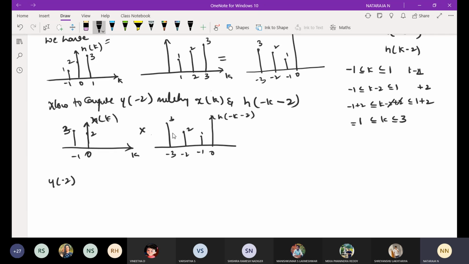Y of -2 is equal to, at -3 on the left side we have 0 into 3, plus at -2, 2 into 0, at -1, 1 into 3, 3 into 1, plus at 0, 2 into 0, so this becomes 0, this becomes 0, this becomes 0. You will get 3. Got everyone? Any doubts?